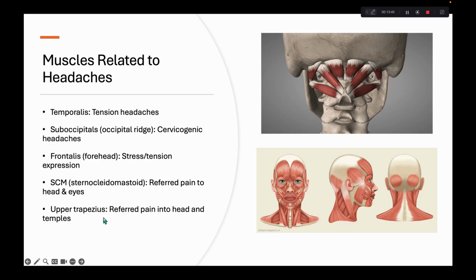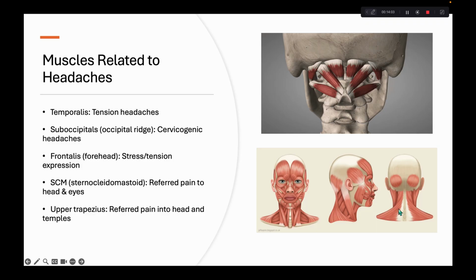Okay, your upper trapezius. Again, remember your trap is a very big muscle, but when we're talking about upper, we're talking about these upper fibers in here, going across them to the right. When you have trigger points or tension in these upper trapezius fibers, it can cause referred pain into the head and into the temples.